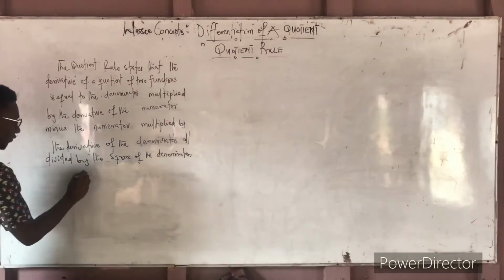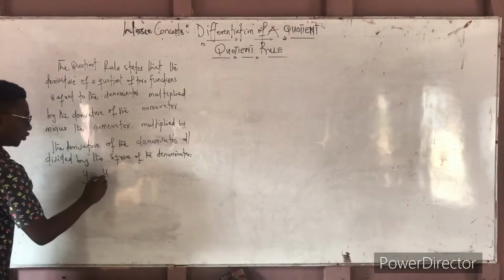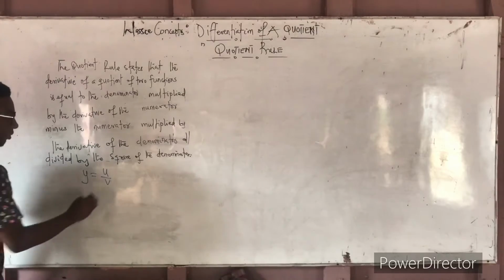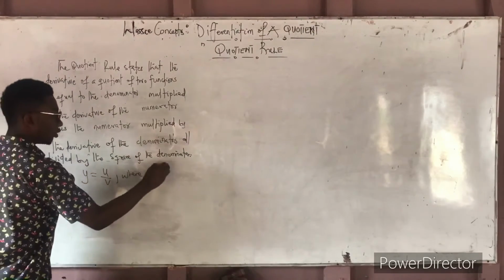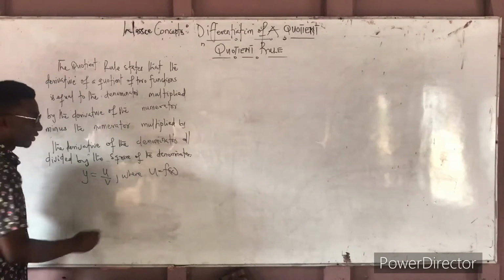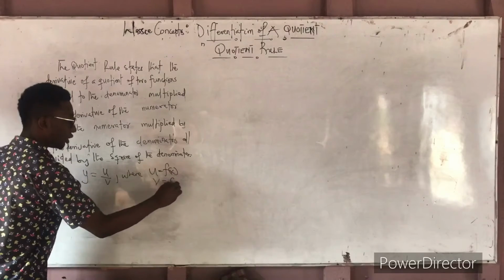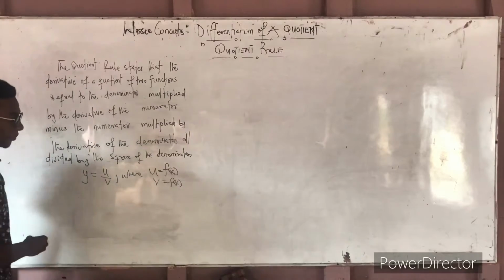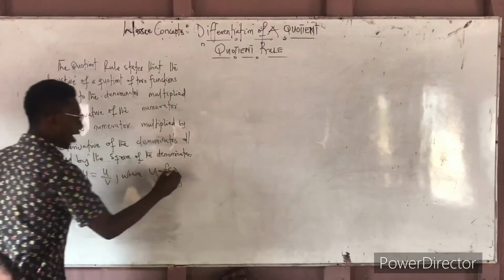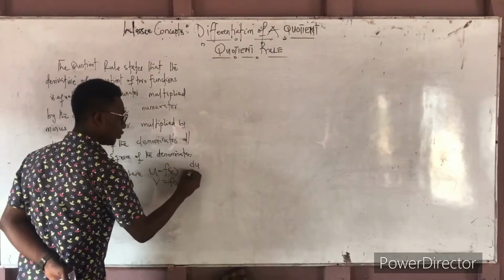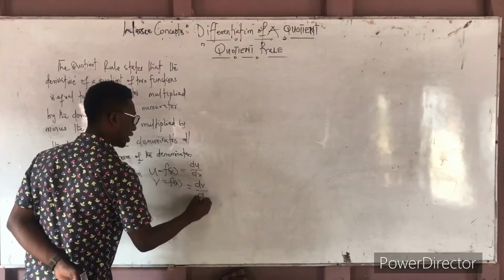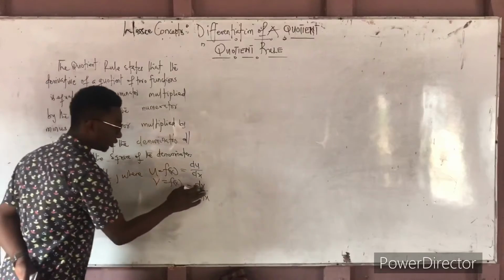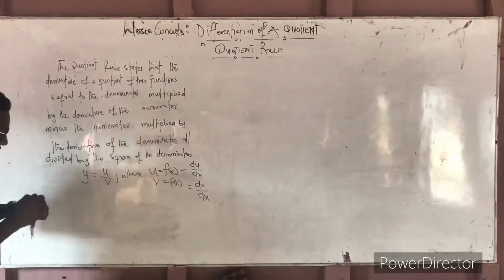That is to say, if you have a function y is equal to u on v, where u is a function of x, and v is also a function of x, you can find du/dx and dv/dx, the derivative of both functions.